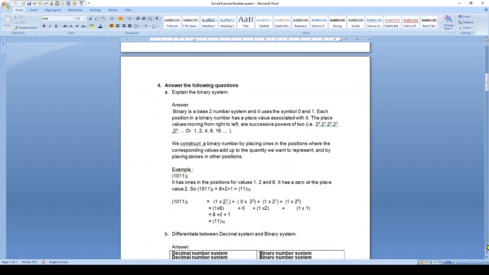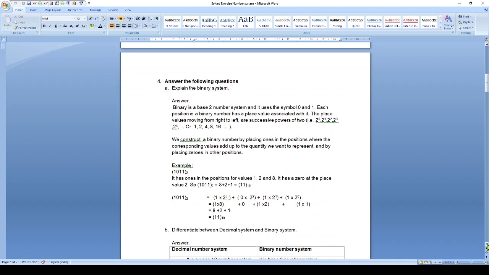Next one, answer the following questions. Explain the binary number system. So you have to write about binary number system here in a precise way.